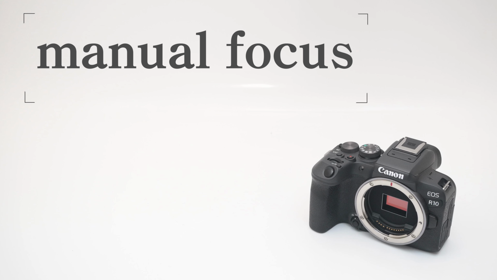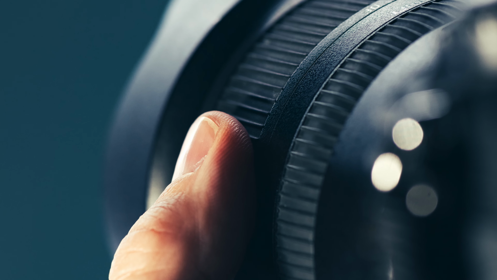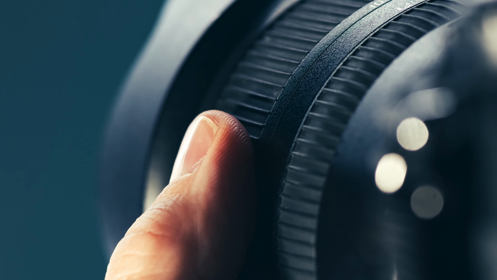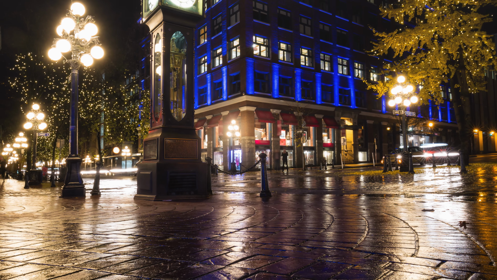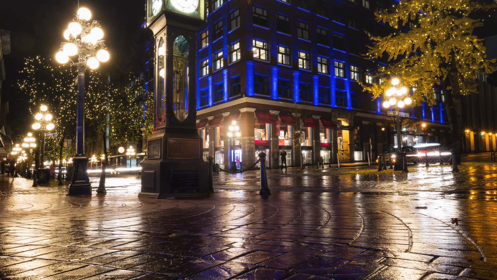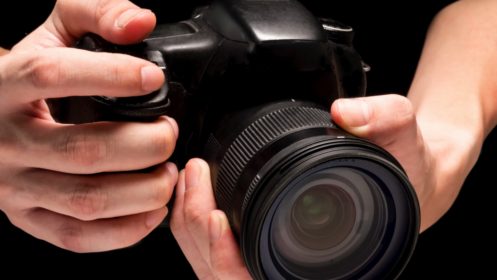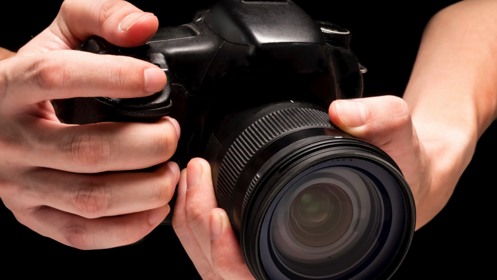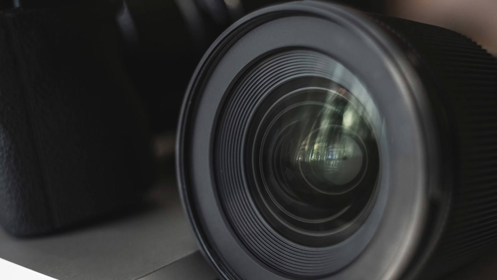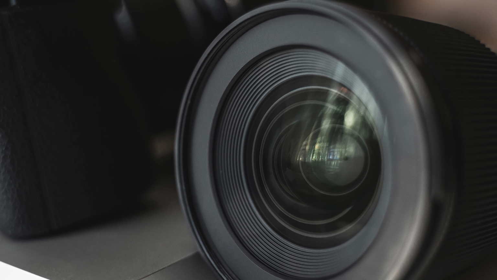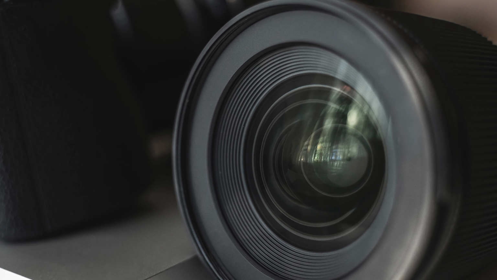Next is manual focus. Manual focus means you can adjust the focus manually. Autofocus is a powerful and convenient feature, but it doesn't always get it right, especially in low light or when it focuses on the wrong area. In those situations, switching to manual focus gives you full control to set the focus exactly where you want it.